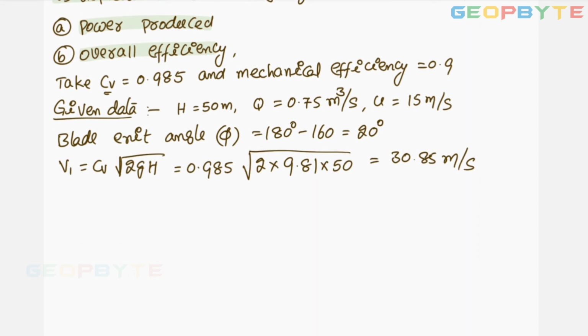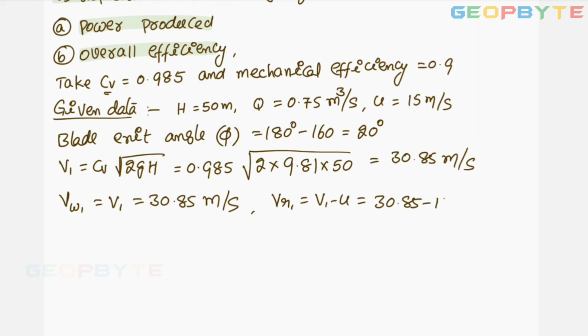From the previous diagram, this part we already discussed. VW1 equal to V1, which is equal to 30.85 meters per second. Then VR1 is equal to V1 minus U, 30.85 minus 15, equal to 15.85 meters per second.